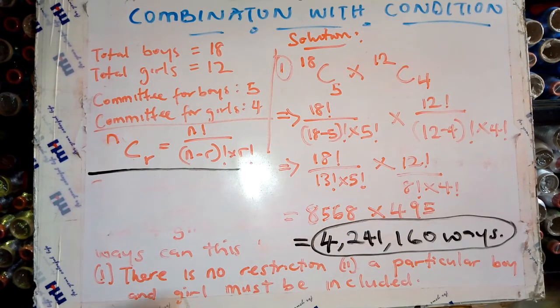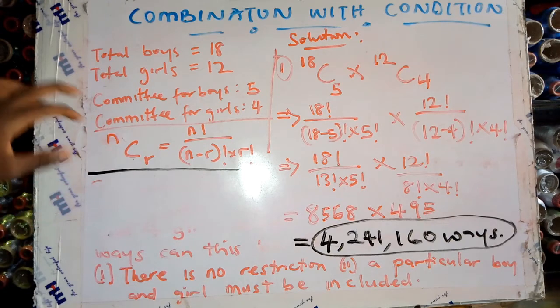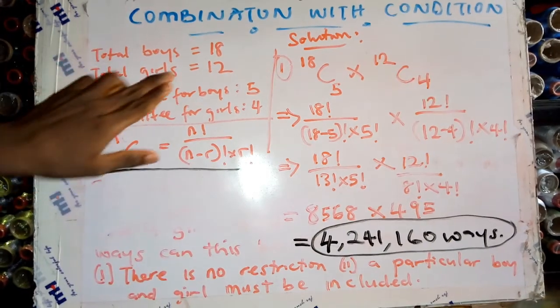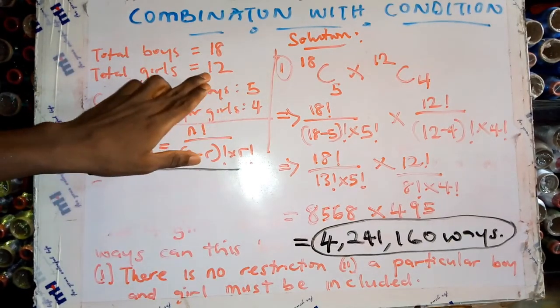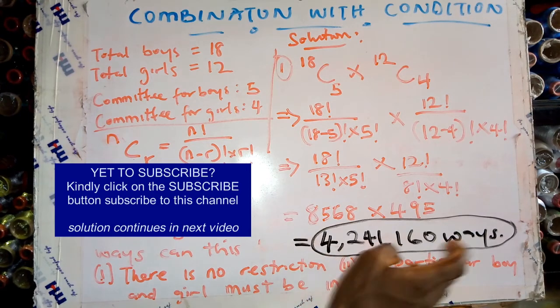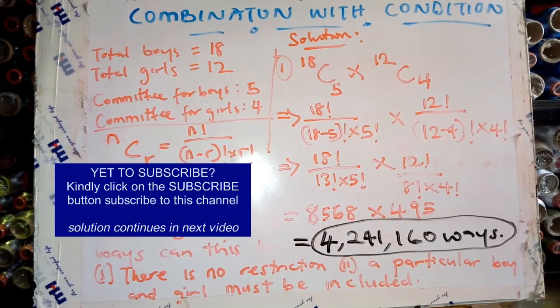If there is no restriction and we are asked to pick a committee of 5 boys and 4 girls from a total of 18 boys and 12 girls, we can do that in 4,241,160 ways. This is the solution to the first part where there is no restriction. Now let's look at the other part, which says that a particular boy and girl must be there.